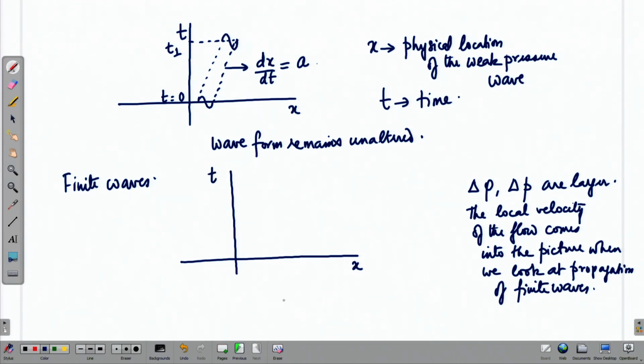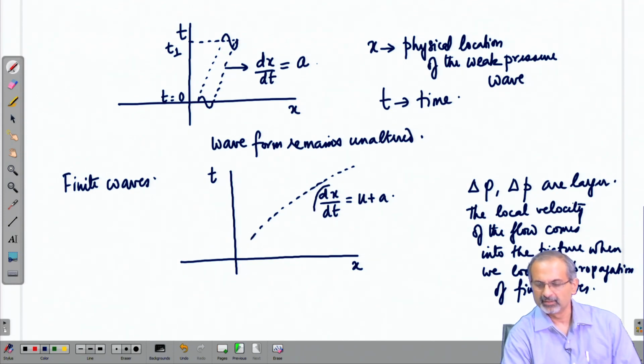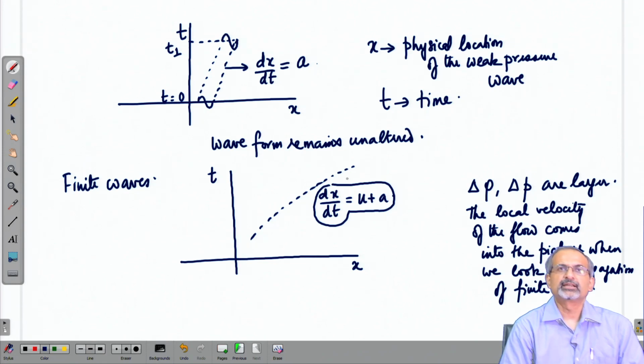So, when we look at finite waves, a wave which is moving towards the x direction may be curved, because along that wave the equation that you have is dx dt is equal to u plus a.